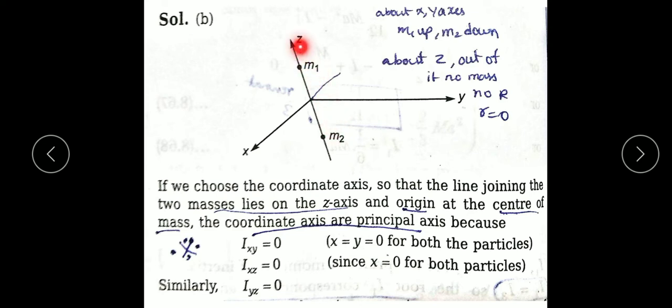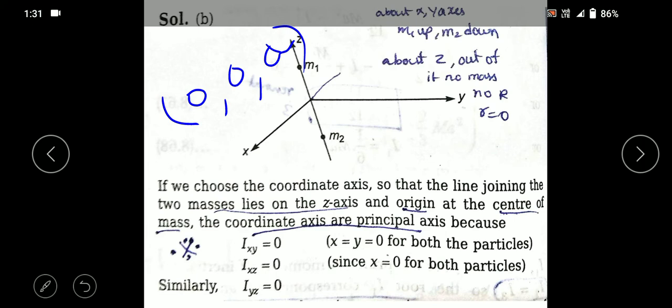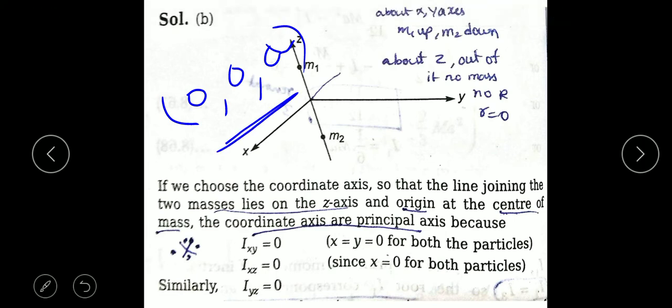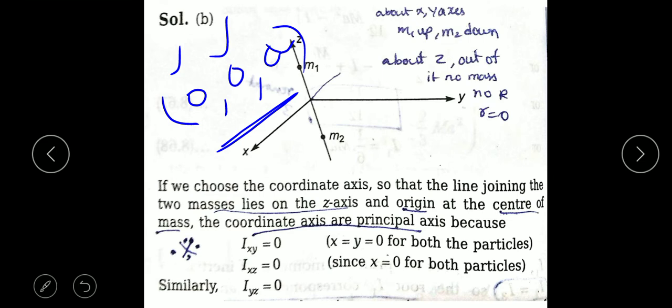Any point lying on the z-axis would have the form 0, 0, a. Here the x coordinate is 0, the y coordinate is 0, only the z coordinate is there. Hence x equals y equals 0 for both the particles.